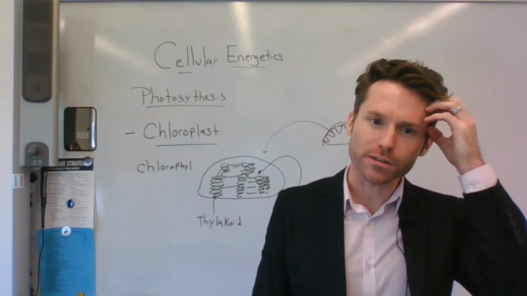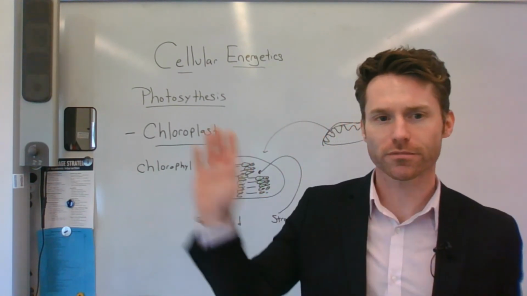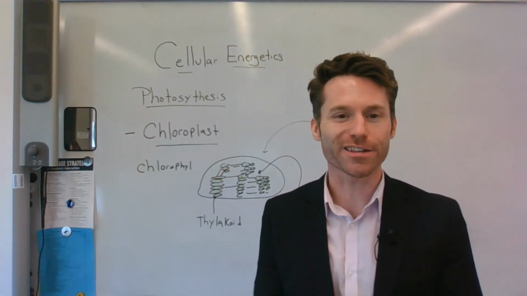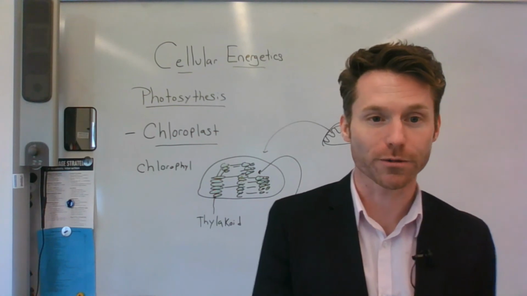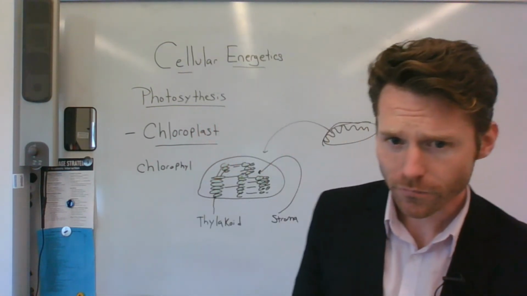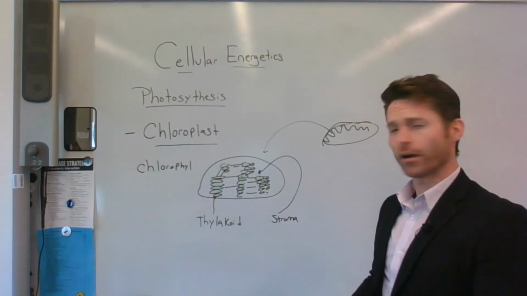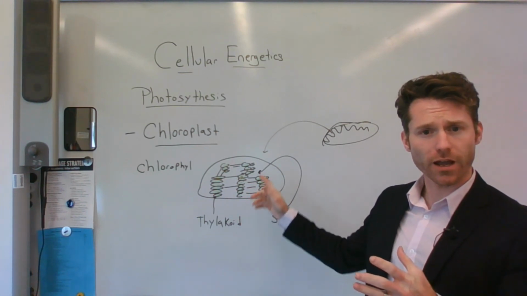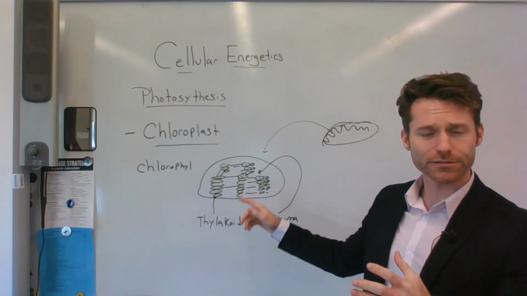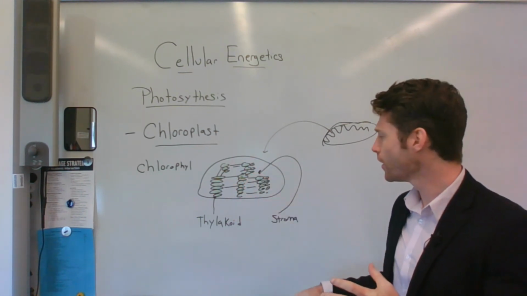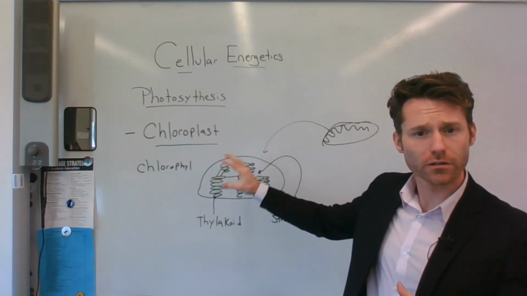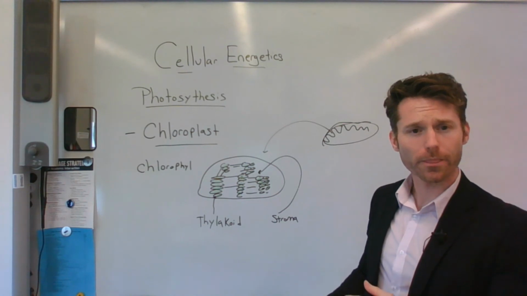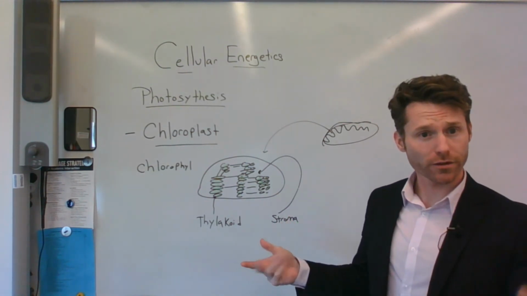I'll probably discuss some of the differences in the other pigments somewhere in the photosynthesis videos, because that kind of stuff is very interesting. I can't help but get distracted by it. So the thylakoids are these green pancake stacks on the ground. The space between the thylakoids is called the stroma. It's fluid filled.